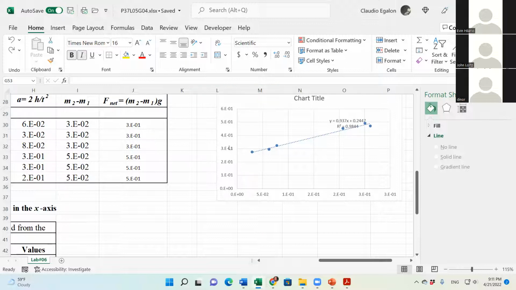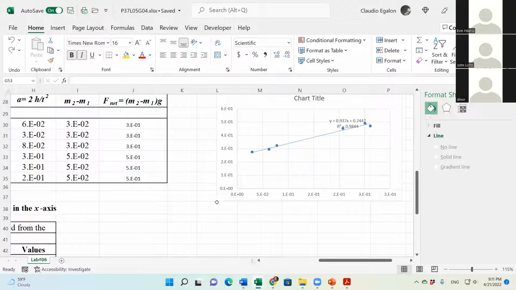What are you plotting on the y-axis? Okay, good, this is newtons. What are you plotting along the x-axis?